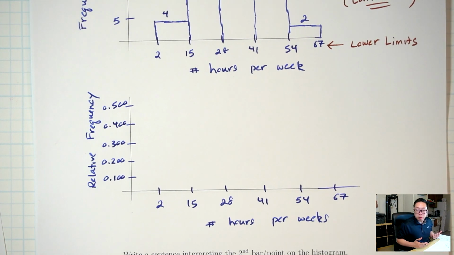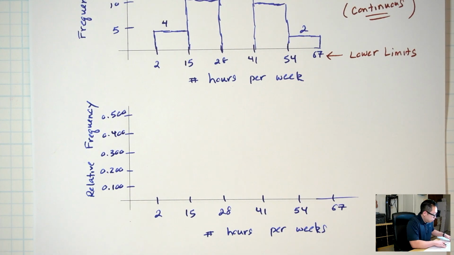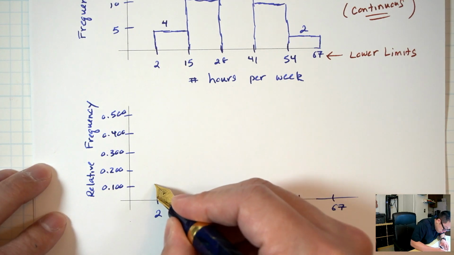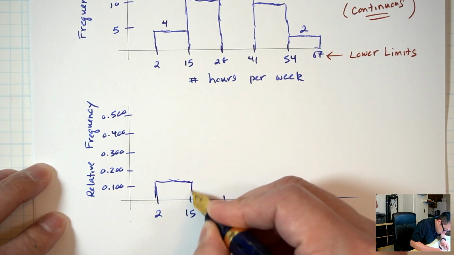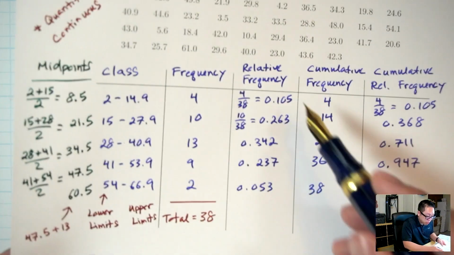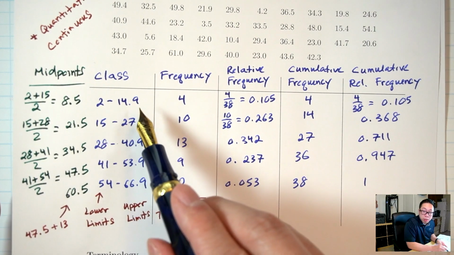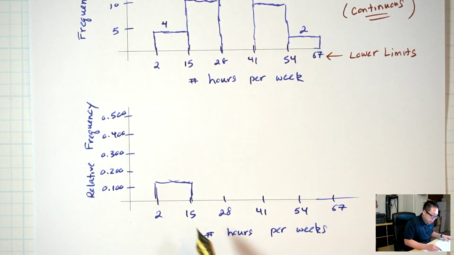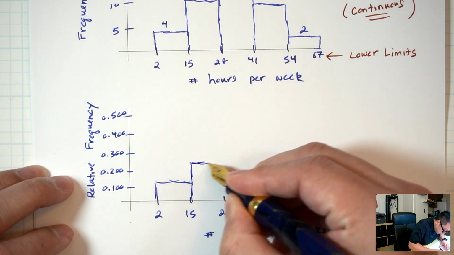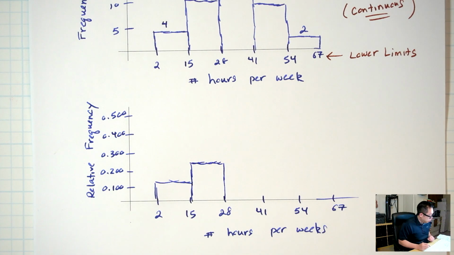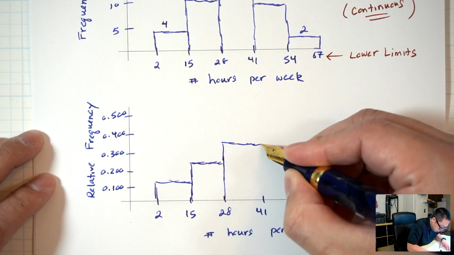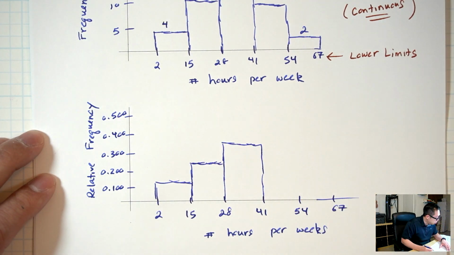Okay, same picture, bars. The first relative frequency is 0.105. The bar goes above the range, because the 0.105 represents the range from 2 to 14.9. Next up is 0.263. Next up is 0.342. Next up is 0.237.